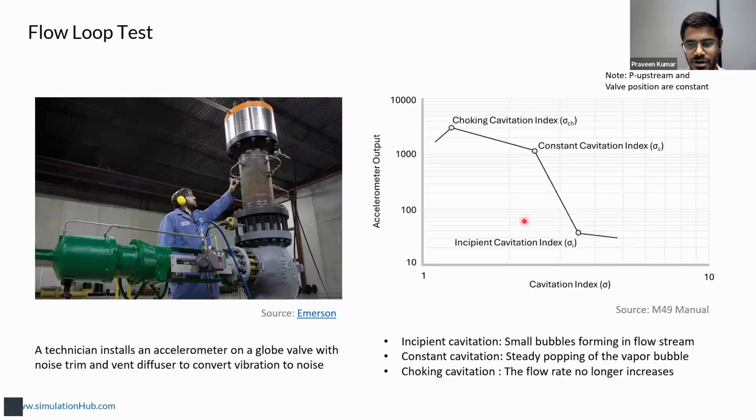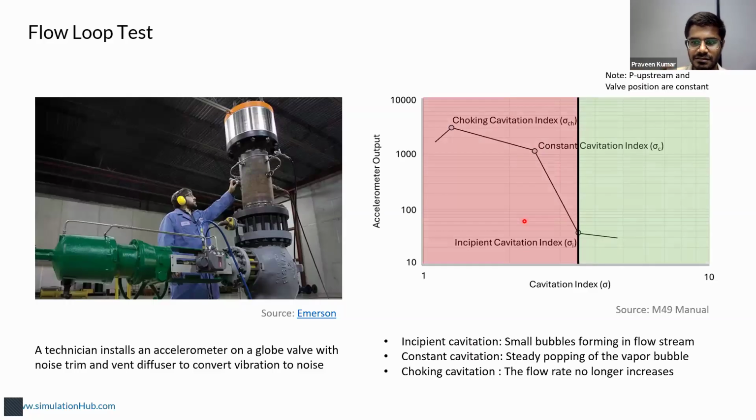One thing you need to understand is that the incipient cavitation index has a key role to play in this case. Once we know the incipient cavitation index from the graph provided by the lab reports, we can start dividing the operating cavitation index sigma into two categories.